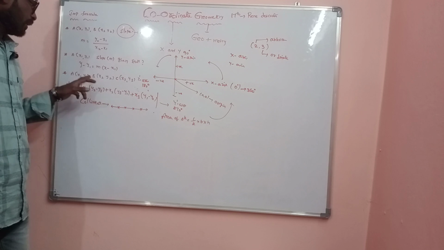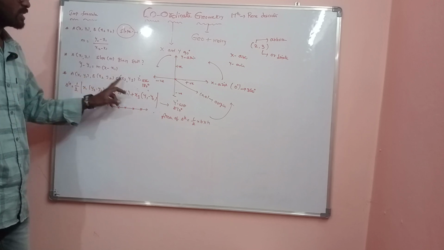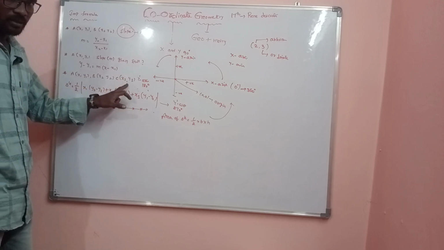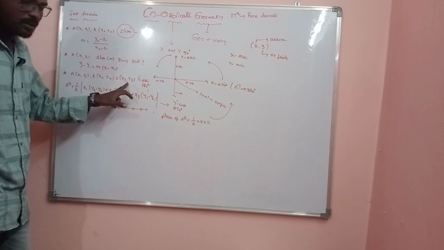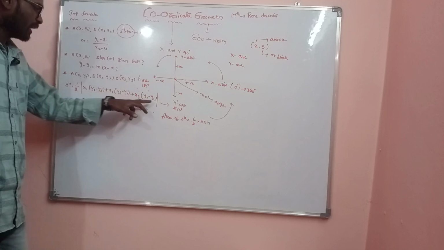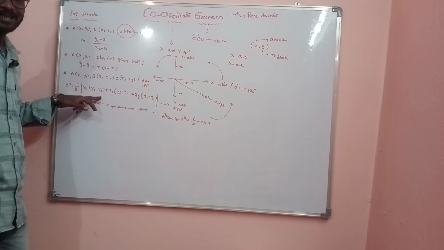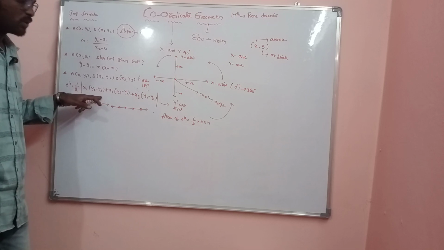Here A (x1, y1), B (x2, y2), C (x3, y3) are given. To show that the points are collinear, you can use the area of triangle formula. The result is 0.